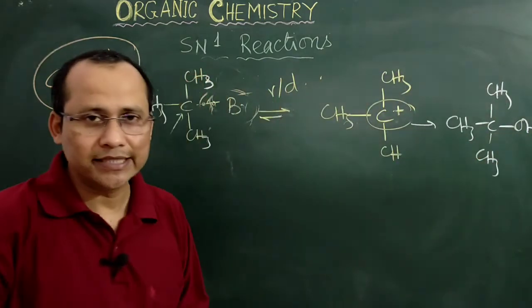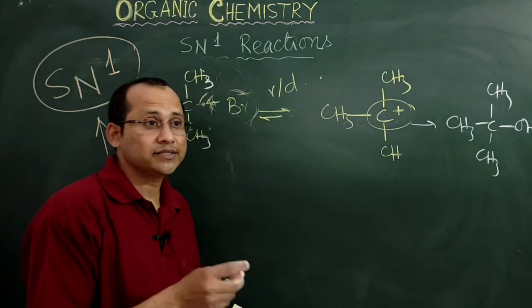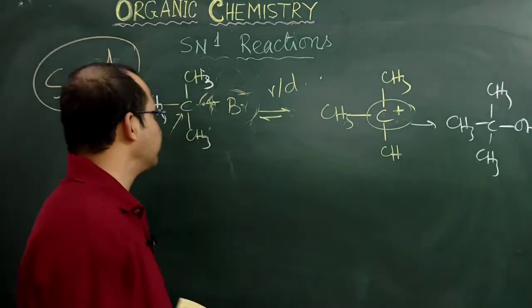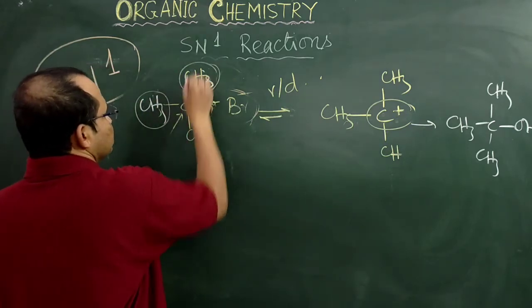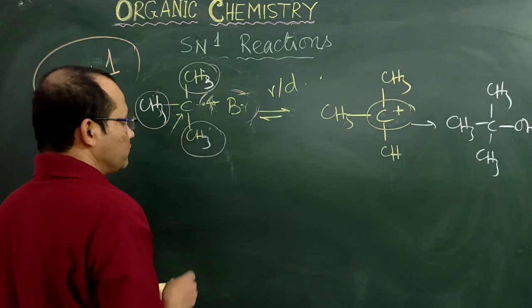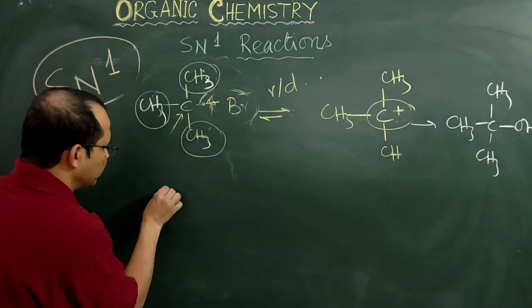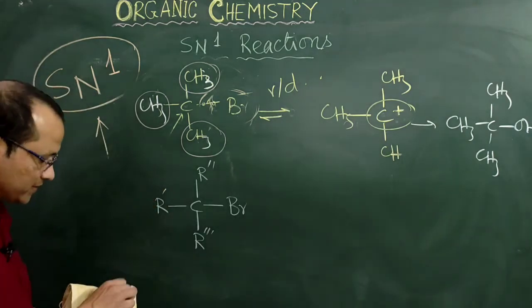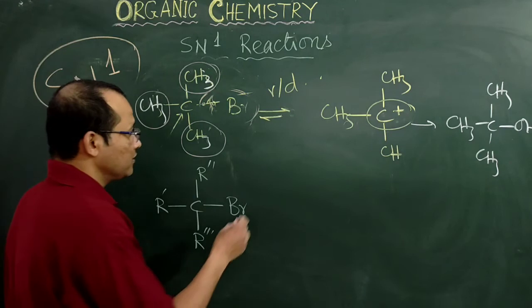No difficulty is there, but some complication will arise if we take another group here, another group, and in general we may write them in this way, R dash. So if this be the case, then what will be the nature of the product?